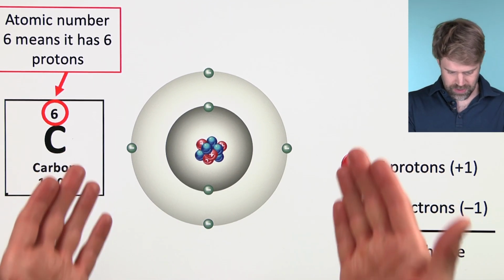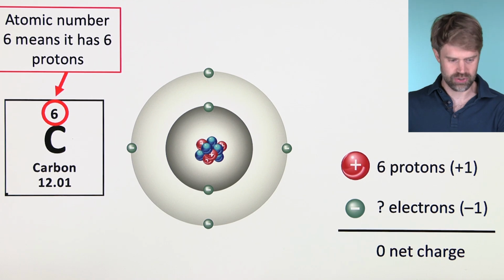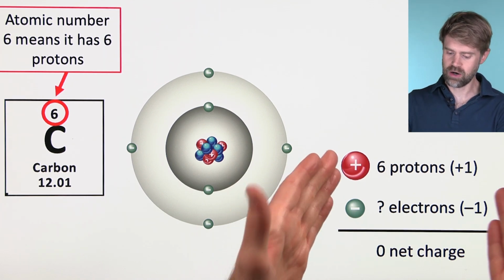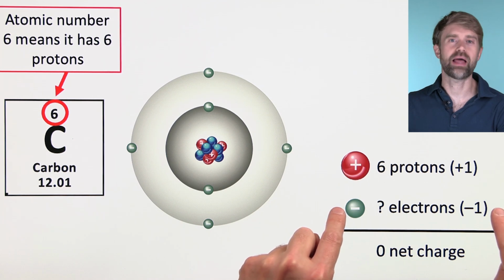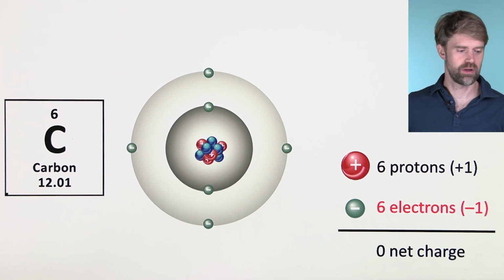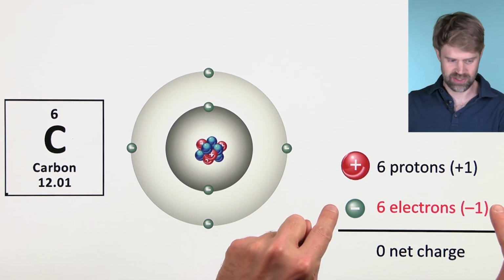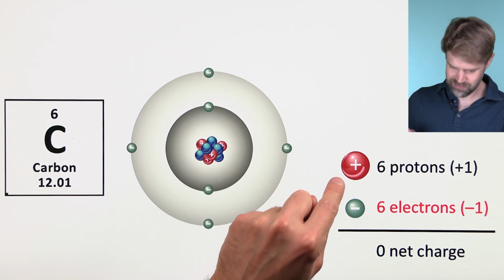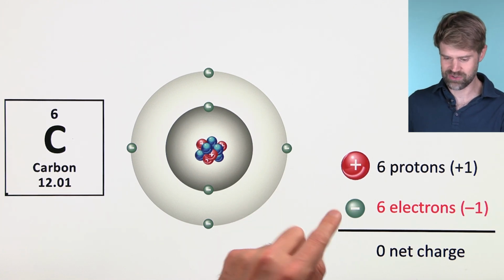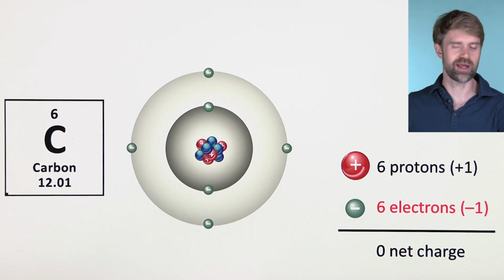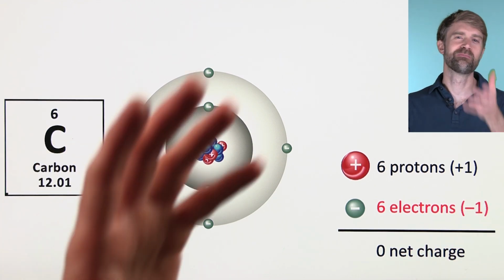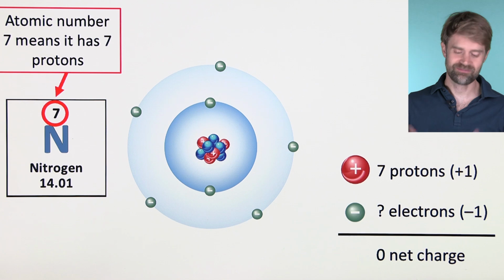So we assume here that carbon has 0 net charge. And if this carbon atom has 6 protons, how many electrons does it need to have? Well, it has to have 6 electrons. 6 positive protons and 6 negative electrons cancel out fully, leaving you with 0 net charge. See how that works?